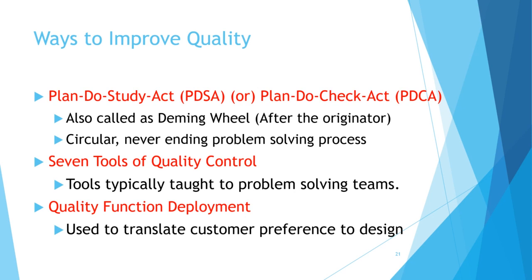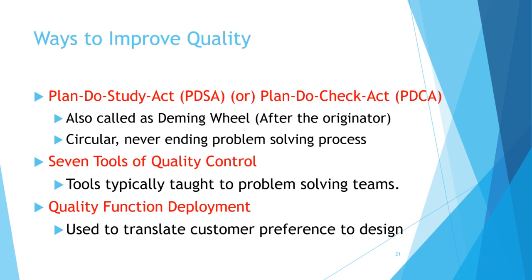In other words, we can call it Deming's wheel, Deming cycle, Deming circle, Shewhart cycle, control cycle or control circle. Another version of PDCA or PDSA is OPDCA, where O stands for observation.